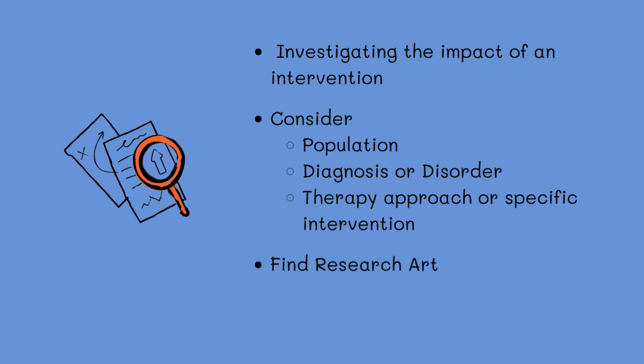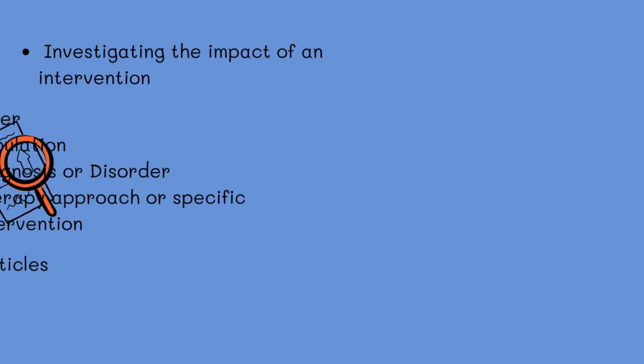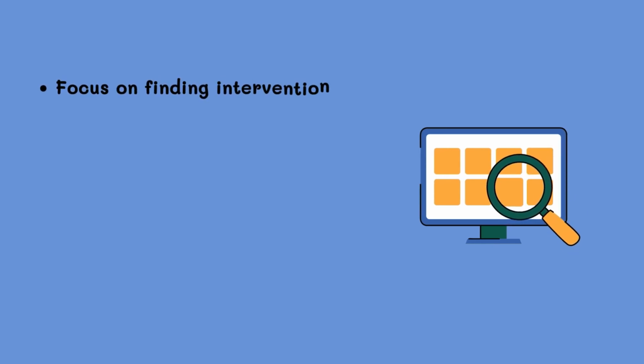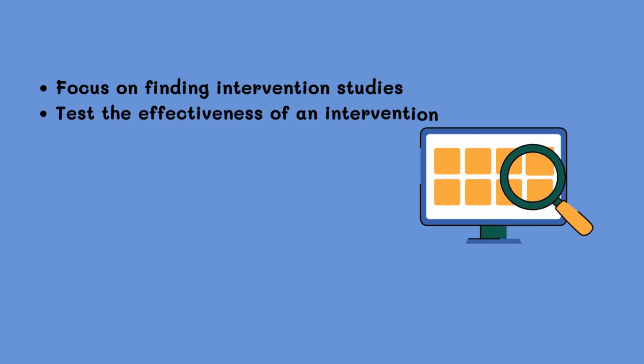Once you've narrowed it down, you'll need to begin finding research articles that support and inform your proposed intervention. When you begin your literature search, make sure you're focusing on finding intervention studies. You can use a few background or foundational articles to introduce your topic, but the majority of your literature review should be built from studies that test the effectiveness of the intervention.